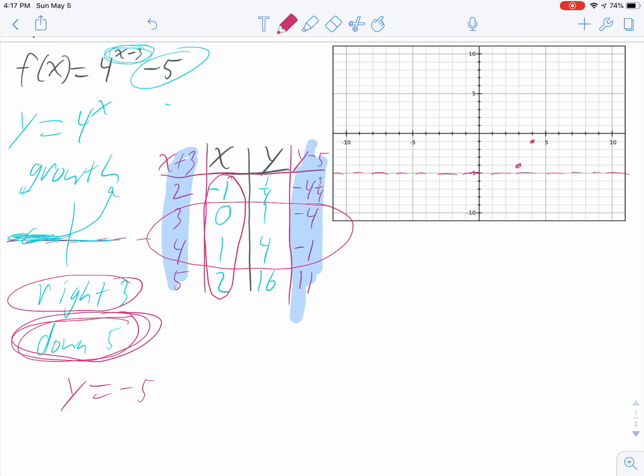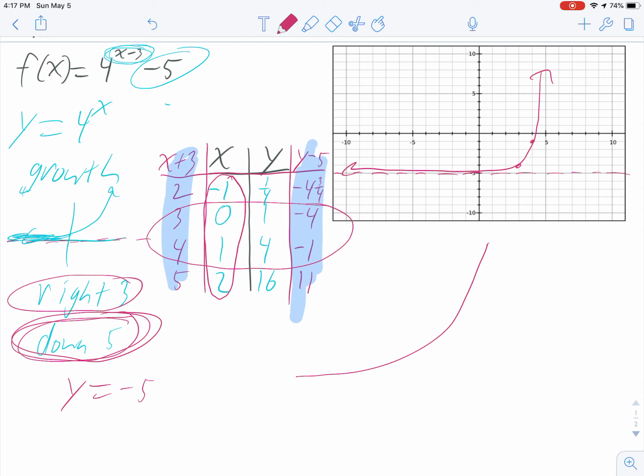So that's really enough. If I know the shape, and I know this is exponential growth, I know it's doing that. That's really enough for me to graph this thing. Whoops, I missed. Let's try that again. I'm going to go from the other way. Right, so just those two critical points really is enough if you understand the shape.